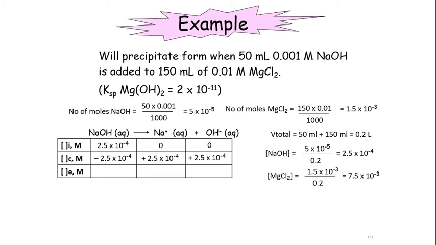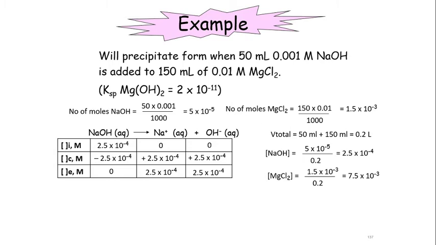At equilibrium, NaOH is 0, while for Na+ and OH-, we will get 2.5 times 10 to the power of negative 4.